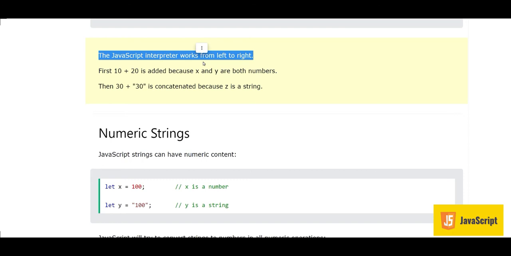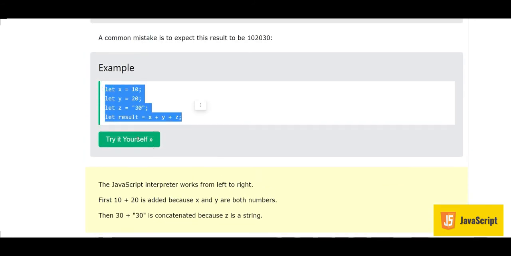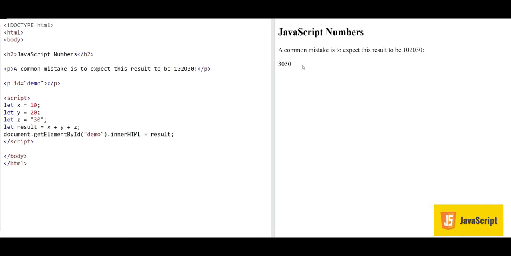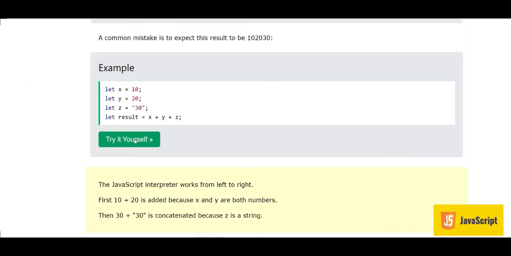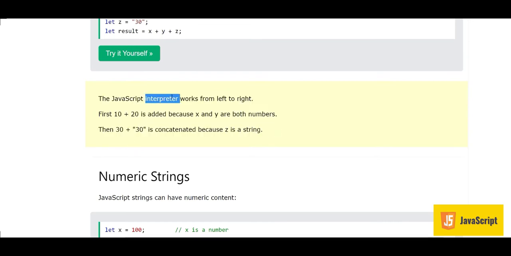First 10 plus 20 is added because x and y are both numbers, so when the operation is performed from left to right, 10 and 20 are added up, and then 30 plus 30 is concatenated because z is a string. That's why we have the result 3030. You can see here. Never forget this concept: the JavaScript interpreter works from left to right. This is the key point to be memorized and understood.